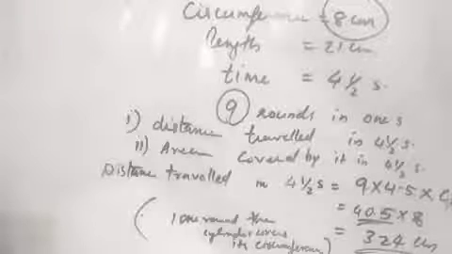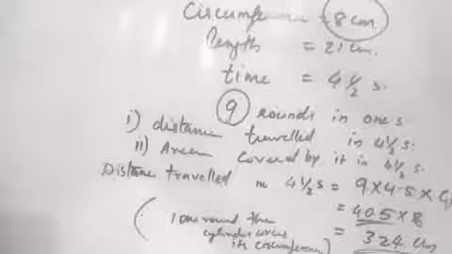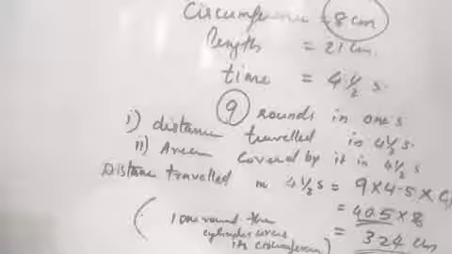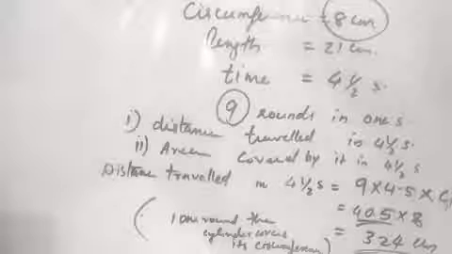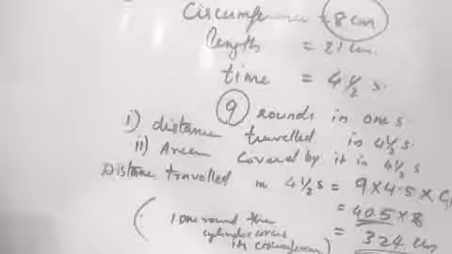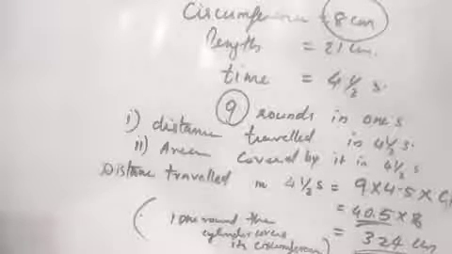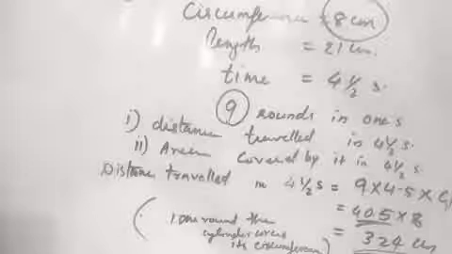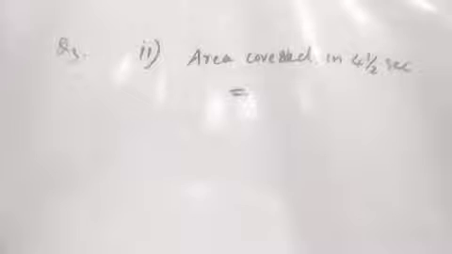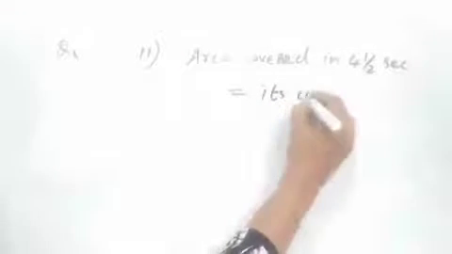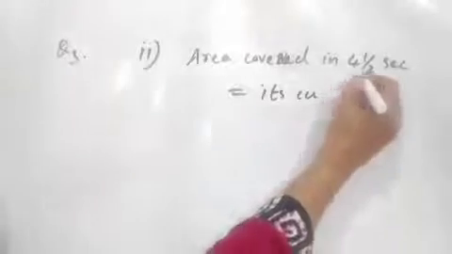So there are 9 rounds in 1 second, so in 4.5 seconds 9 into 4.5, and the total distance travelled is 9 into 4.5 into 8. Area covered in 4.5 seconds equals its curved surface area into that total distance covered in 4.5 seconds.